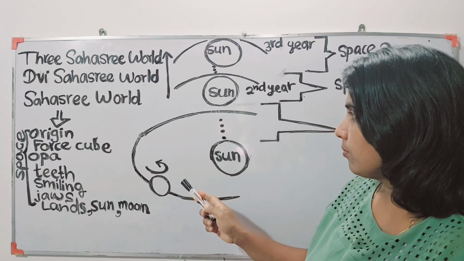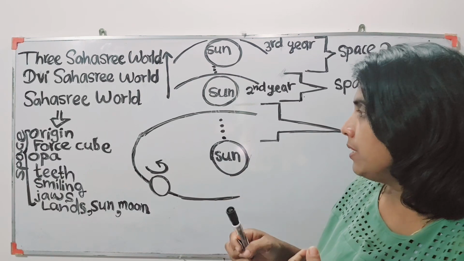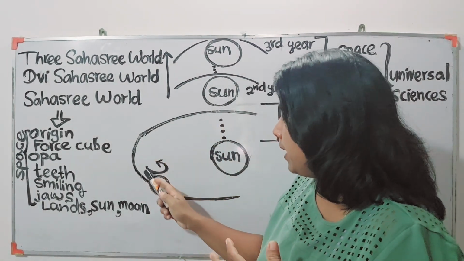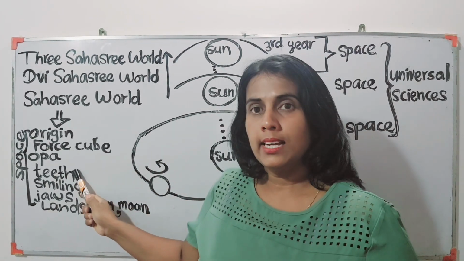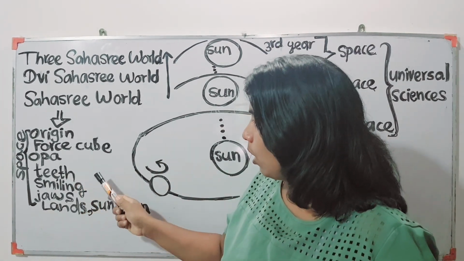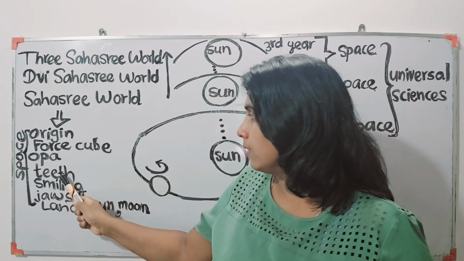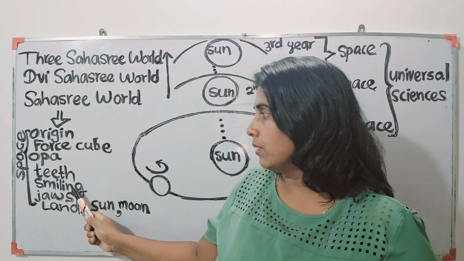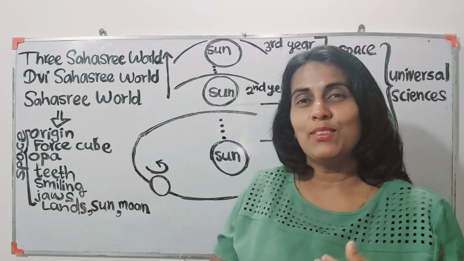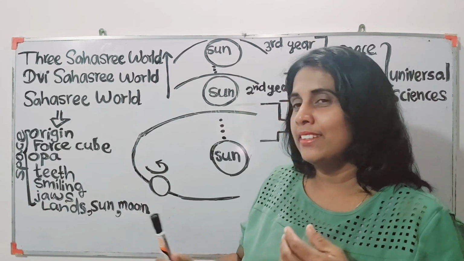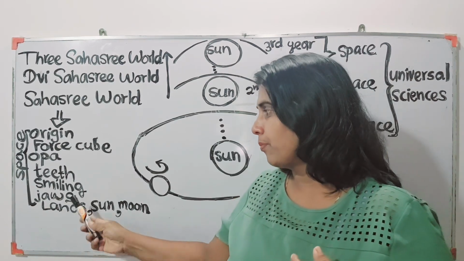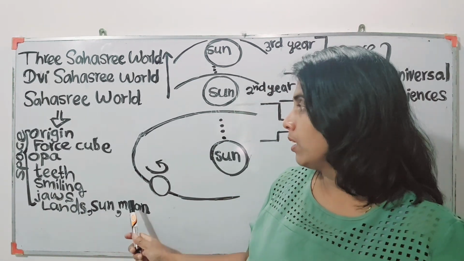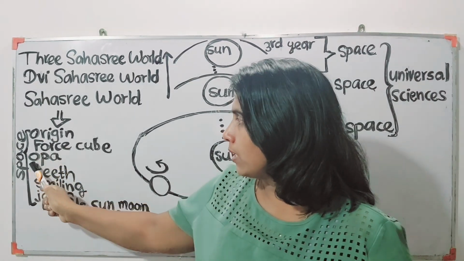And when it is releasing the energy, the human brain contains how our teeth are created, the science of creating teeth, and the universal science of creating the smiling. Smiling is also a science, and the science of creating the human jaws, the science of creating the lands, sun and moon, and also this science.